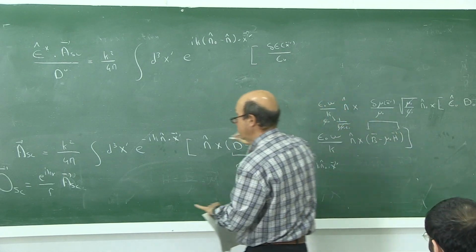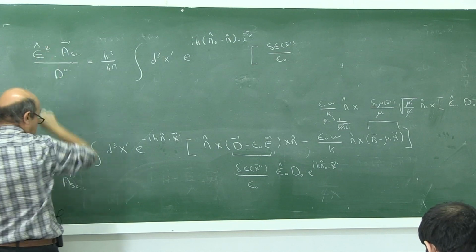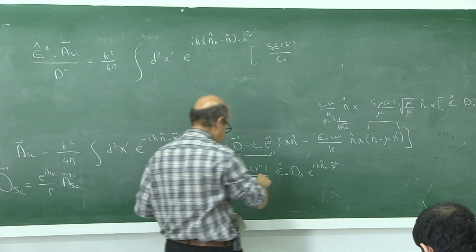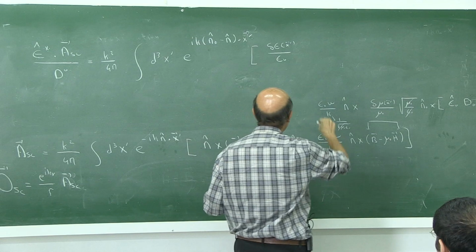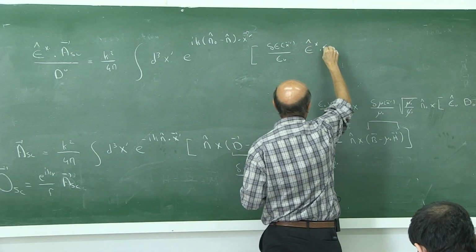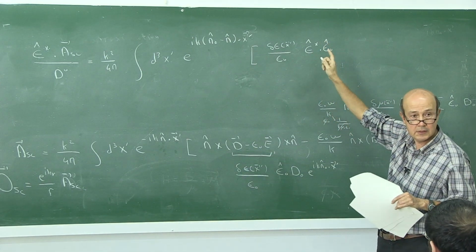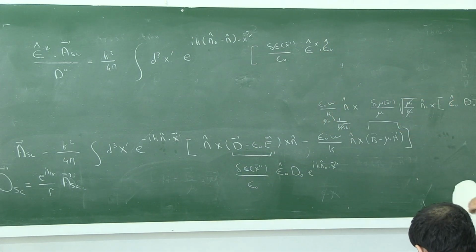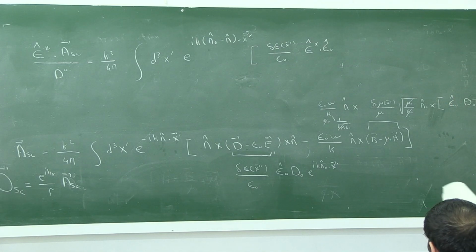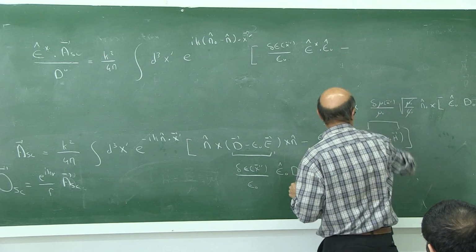And the other term will be the epsilon complex conjugate dot polarization after the scattering dot epsilon 0. Do you remember this term? We use this. For the other term, we have minus sign.